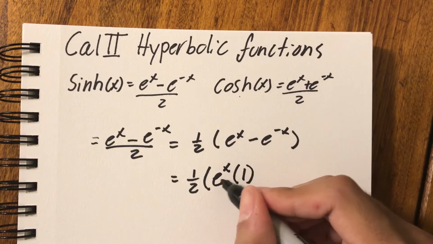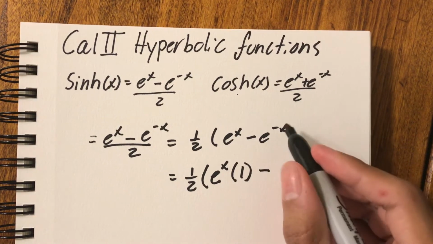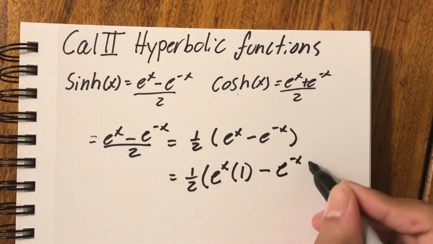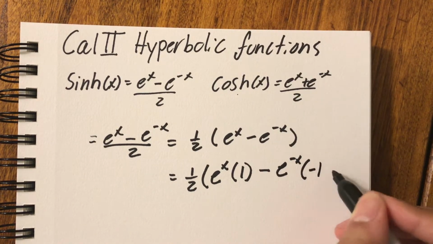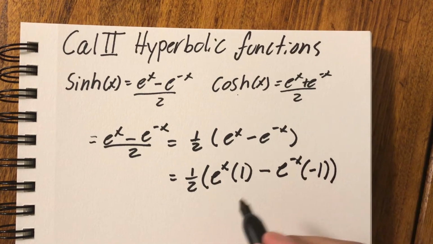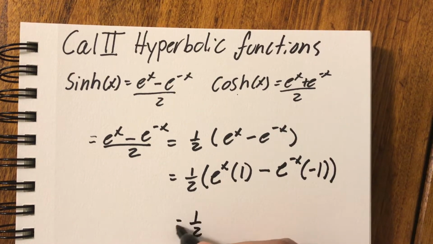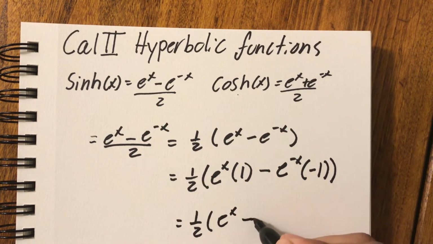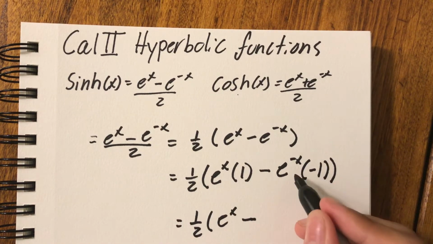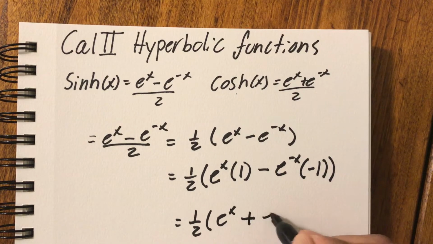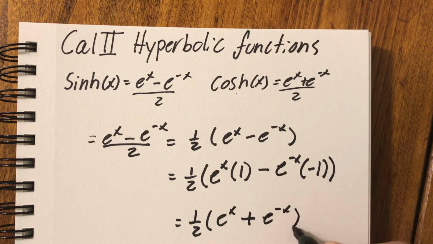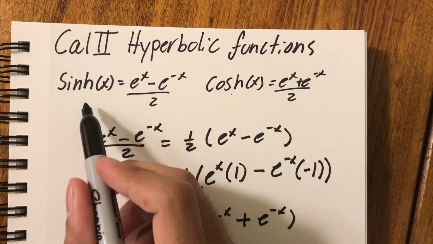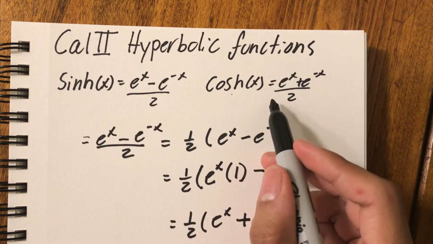So you multiply these two together and you just get e to the x. But when you do e to the minus x, it'll be e to the minus x multiplied by its derivative, which is -1. As we know, a constant, multiply these together, you'll get e to the x minus, because it's multiplied by this -1, it'll turn into a plus e to the minus x. So as you can see here, the derivative of hyperbolic sine is equal to hyperbolic cosine.